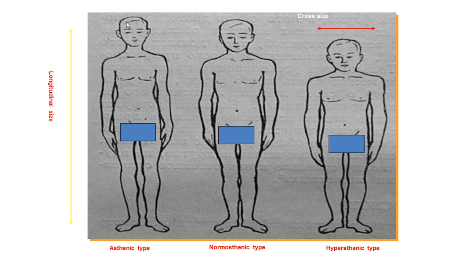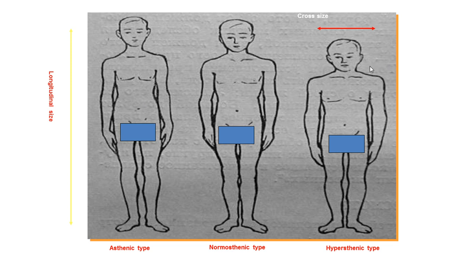And here you see asthenic type, where we have prevalence of longitudinal size, very long extremities, short trunk. Also we have a narrow chest, narrow shoulders, and a narrow waist, and the epigastric angle is less than 90 degrees.